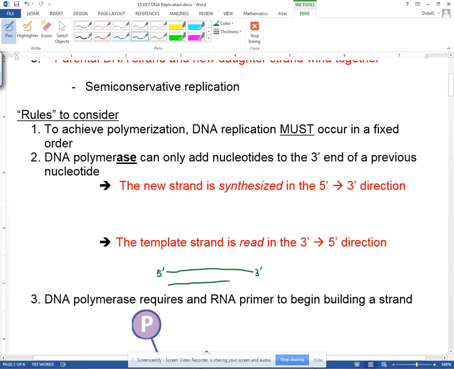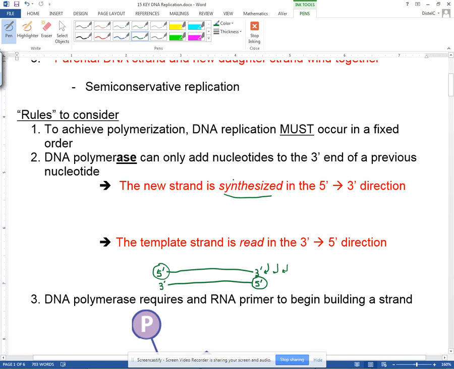The other strand of DNA runs in the opposite direction. When we did the history notes, we said that the phosphate group was attached to the 5' end, but the 3' end did not have any phosphate attached. So if we have phosphates on this side, it makes sense that you can only add new nucleotides to a free 3' end. So stick them on here, stick them on here, stick them on here.